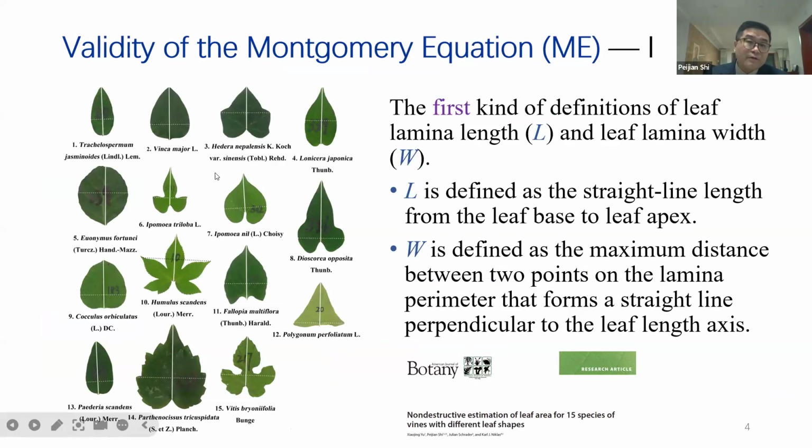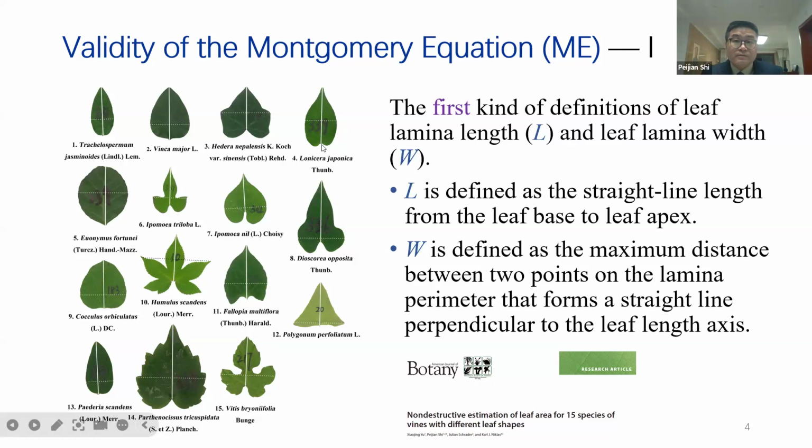We have used five species of plants to validate the Montgomery equation. Here, we use the first kind of definitions for the leaf length and leaf width.